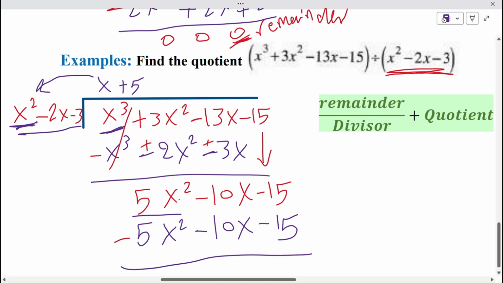After changing their sign, this is all become 0. It means our remainder is 0.